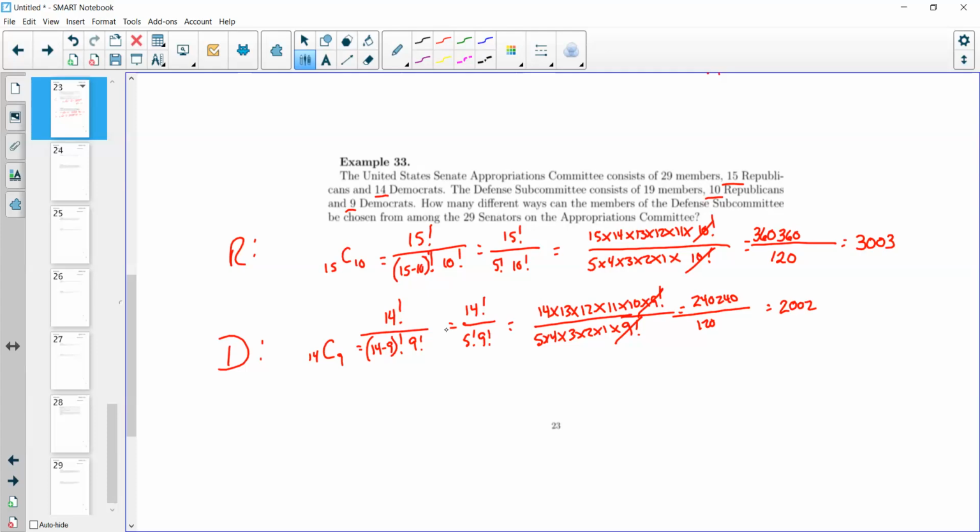Multiply. So let's multiply. 3,003 times 2,002. And that's a whole lot of subcommittees. And we get 6,012,006 possible different subcommittees.